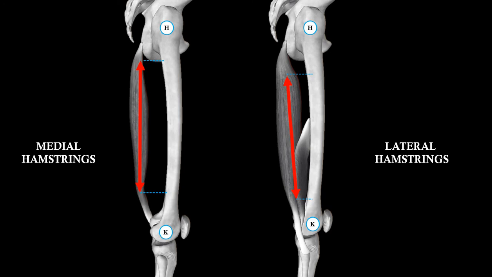Now, if you remember your torque equation, torque is force, so the force of the hamstring, multiplied by the distance that force is applied from the axis of rotation, in this case the joint, the hip or the knee.